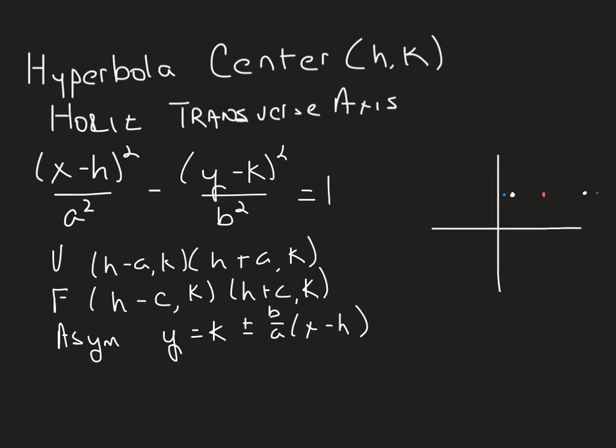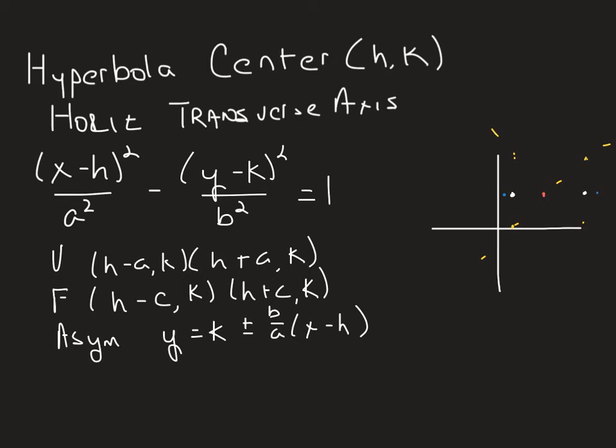If we were to graph the asymptotes, you can always graph the asymptotes from the center point, and then all you have to worry about is the slope. So if this is going to be b over a, let's just say it looks like this. And so our asymptotes would be here.